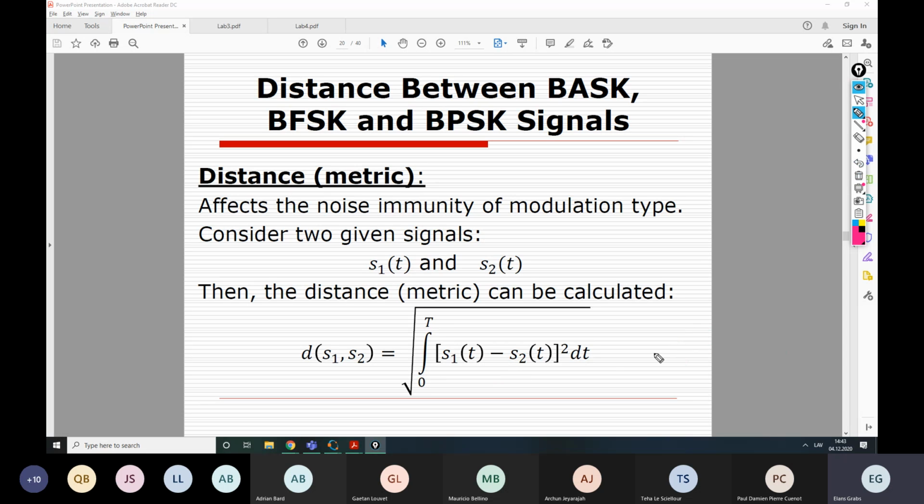As opposed to this, if signal S1 is equal to minus signal S2, and we put that in here, we would get double the signal squared, and the distance will be maximum, which is the case for binary phase shift keying.